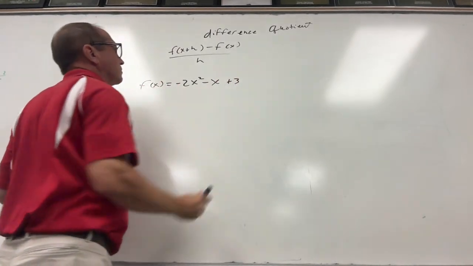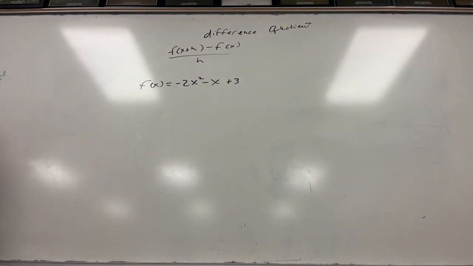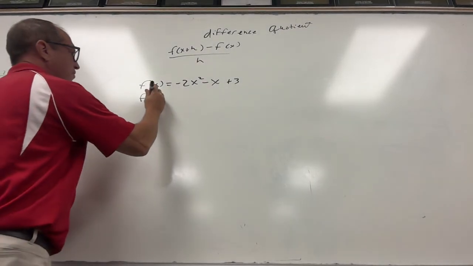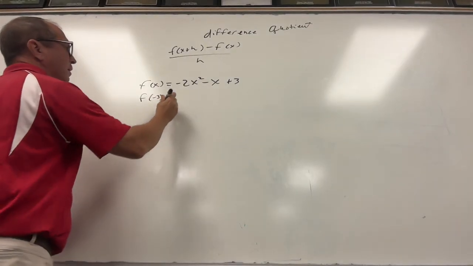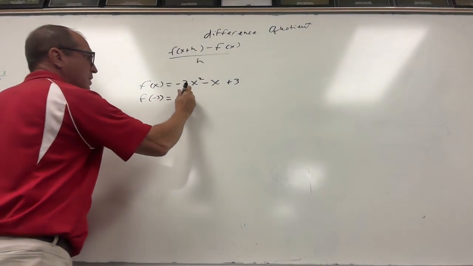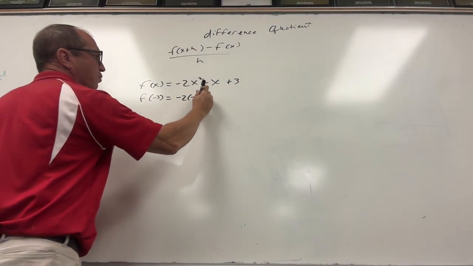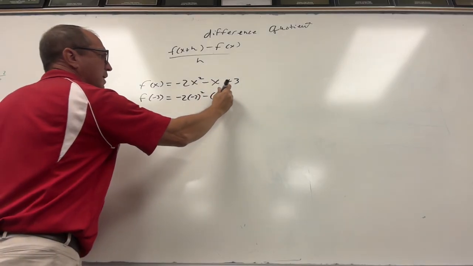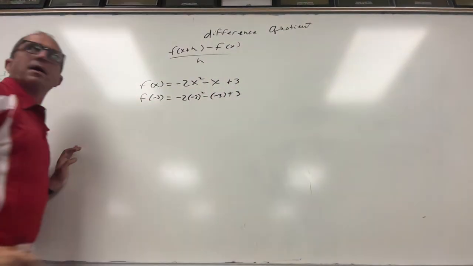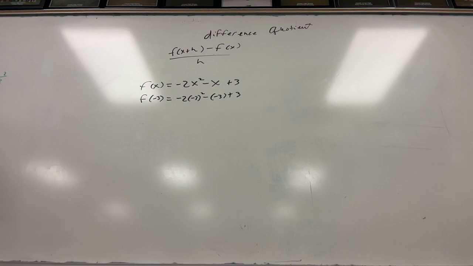Now, I'm going to do some work down here to the side, just getting you used to working with the formula. If I said we have f of negative 3, we would simply say it's negative 2 times negative 3 squared minus negative 3 and plus 3. I'm not going to simplify that out because that's not the depth of what's going on here.